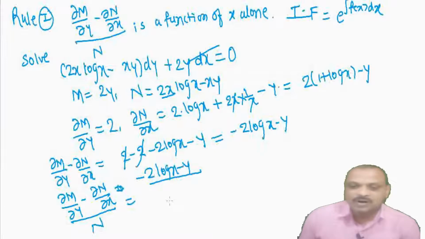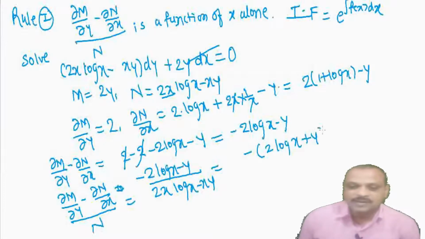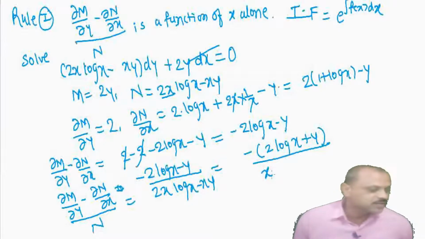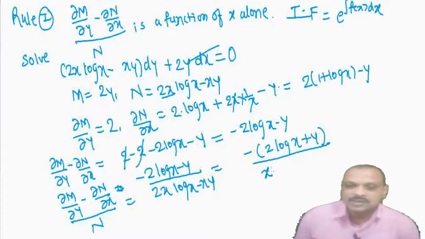2x into log x minus xy equal to, you can see here, this is equal to minus common 2 into log x plus y divided by... Here we can take x common, and when we take x common then... So here minus minus, so here we have missed something.